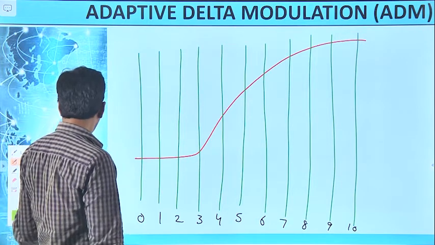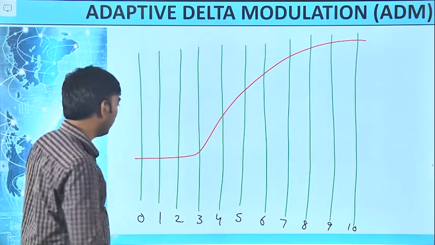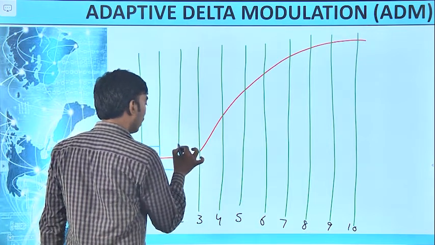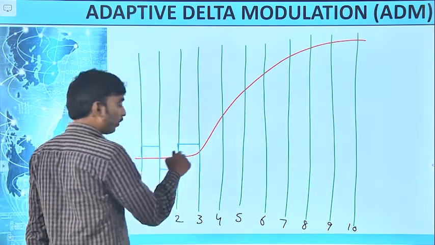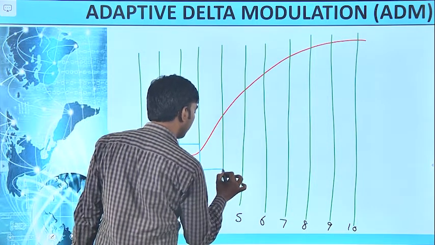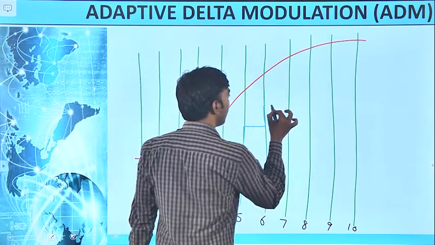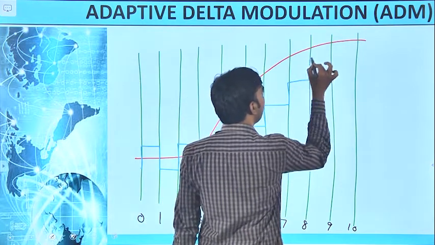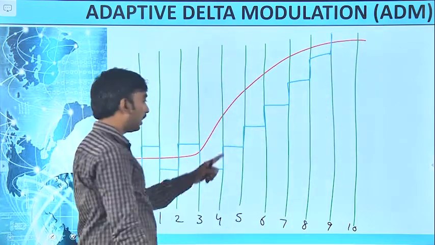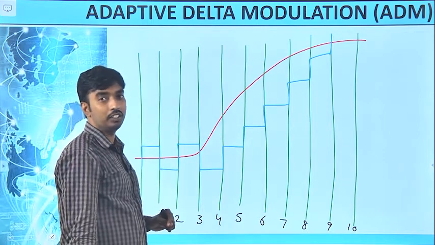And now I am going to plot the delta modulated signal, right? When the input signal is constant, there is a fluctuation in the delta modulation output. When the input signal slope is high, the step is increasing, right? And now this color shows the delta modulation output and red color indicates the input signal, right?